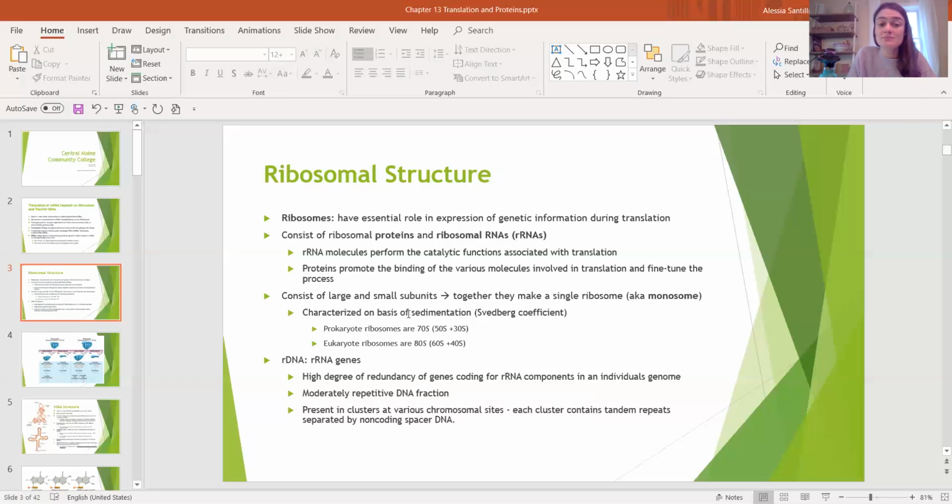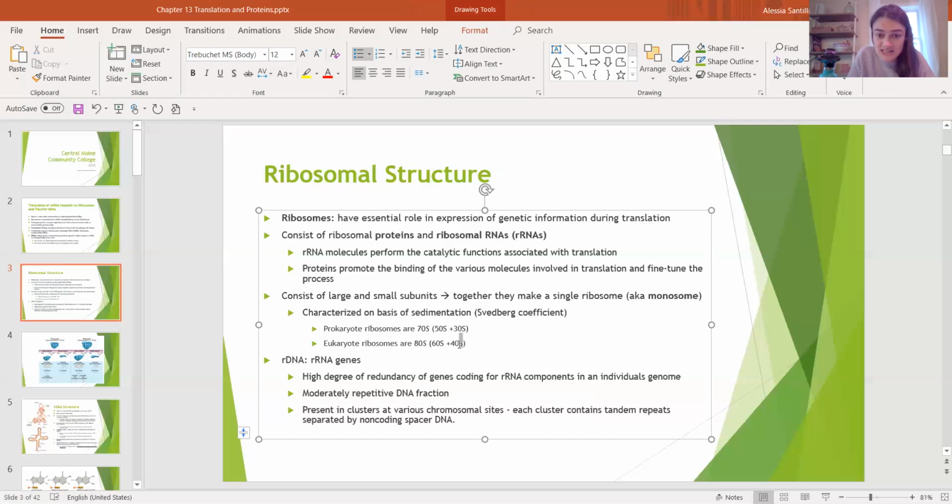They're characterized on the basis of sedimentation, which is known as the Svedberg coefficient. So every time you see an S after all these numbers, that is the Svedberg coefficient. That's basically the sedimentation rate. If you imagine it going through a centrifuge, it actually goes through a sucrose gradient.